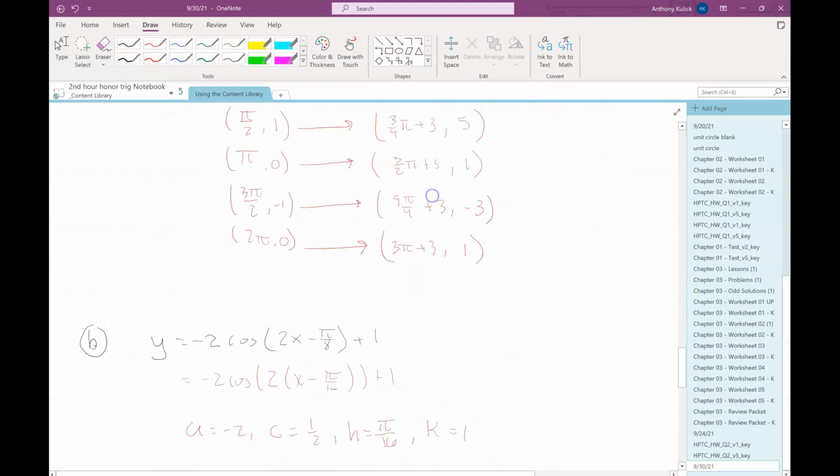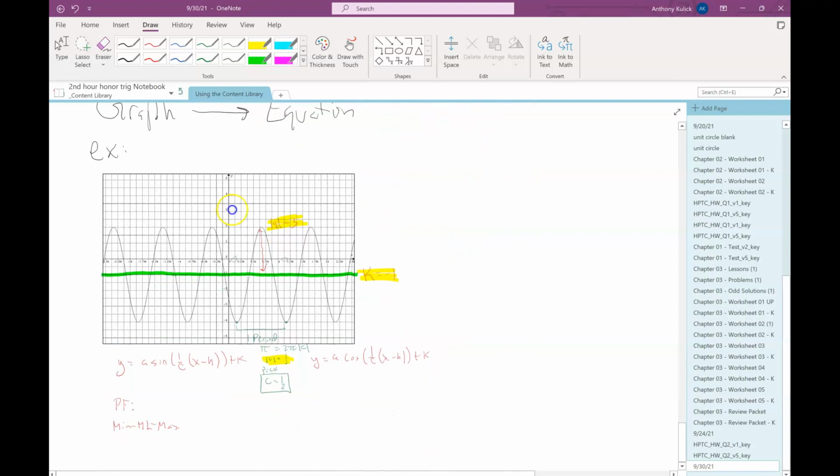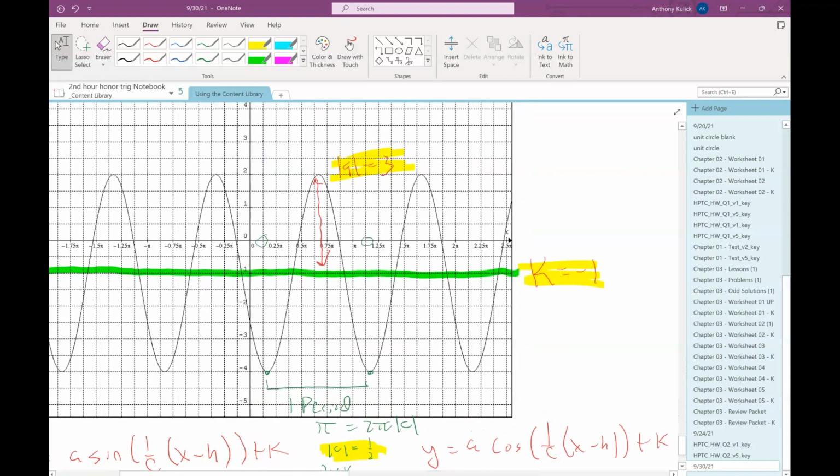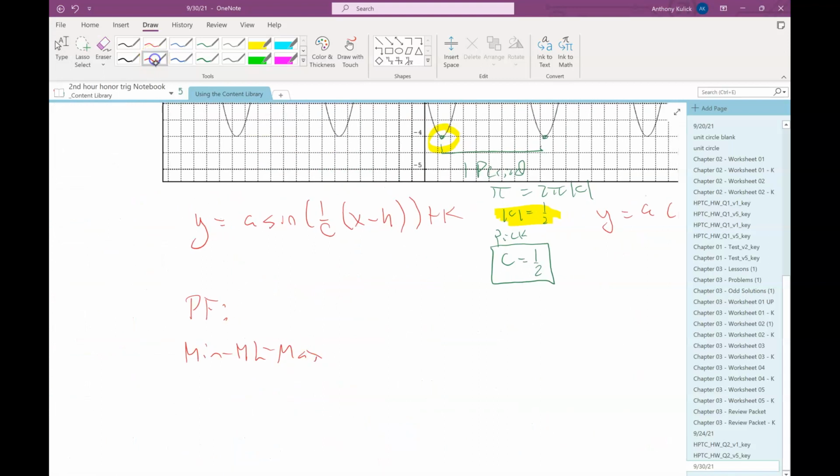So I'm going to look at my graph now, and I'm going to find a midline point where the same thing is happening. I would choose this one here because I have a minimum, my midline point, and then a maximum that matches up. If you pick them in the other order, then the a has to be negative. If you pick them in the same order like this, the a can stay positive, which is what I'd like to do. So let's write that down.